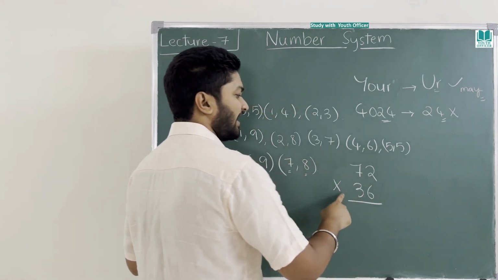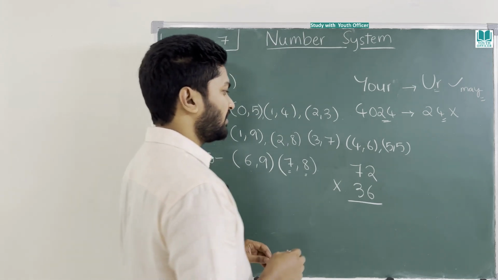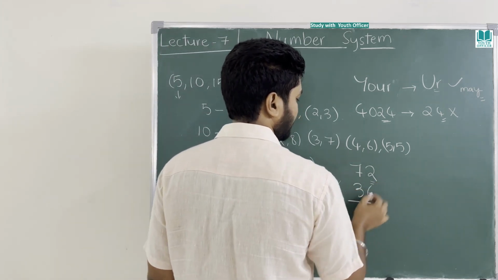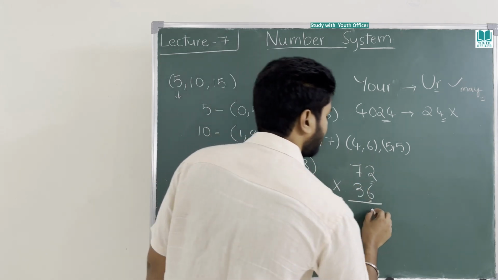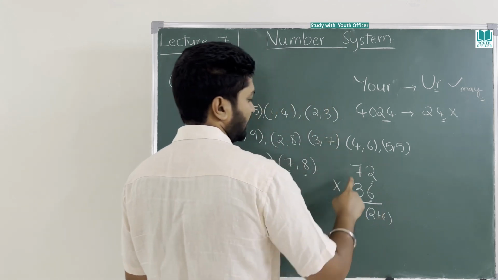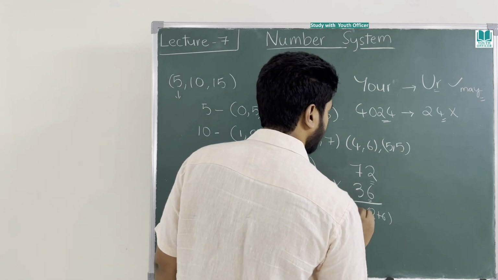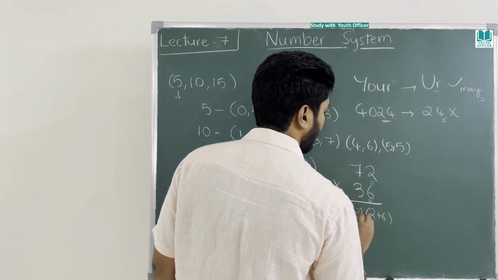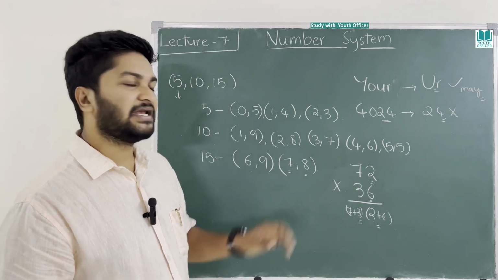You don't add numbers, you add digits. What are the digits here? 2 is a digit, the unit digit, and you add it with the unit digit 6. That means 2 plus 6 is happening here. Here, 7 plus 3. You add them here. This is what exactly is happening.